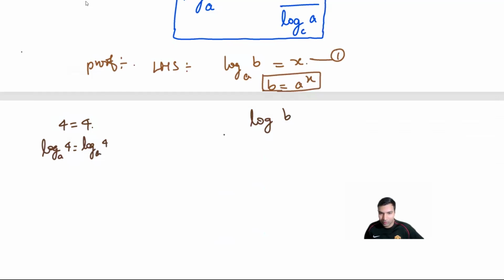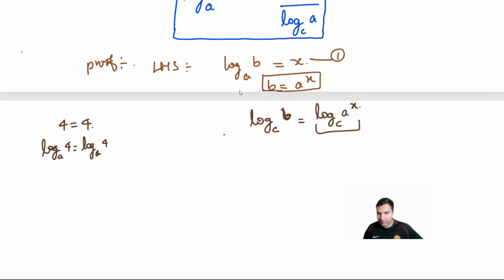If I take log to some base c, purposely taking this c, of b and of a to the power x, these two things will also be equal. Yes or no? Now, using the previous property, just concentrate on this: a to the power x.